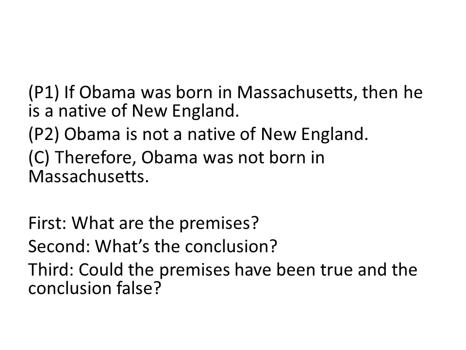Well, we know that if Obama was born in Massachusetts, then he's a native of New England. But we know that he wasn't born in New England, because we know that he was not a native of New England. So it would follow that he was not born in Massachusetts, because to have been born in Massachusetts would be to be a native of New England, which we're told is not the case.